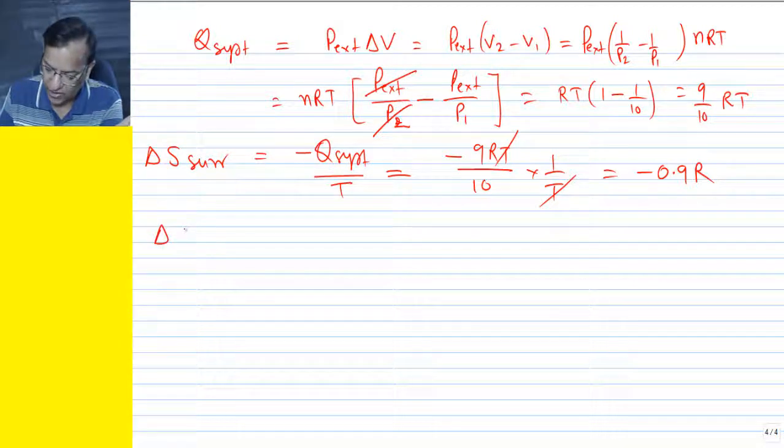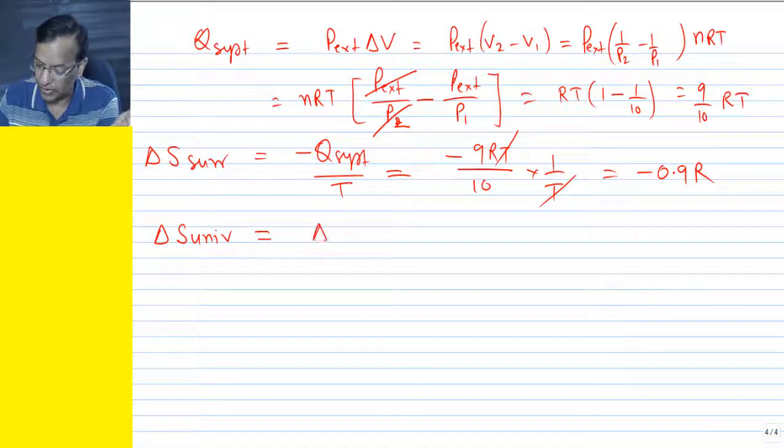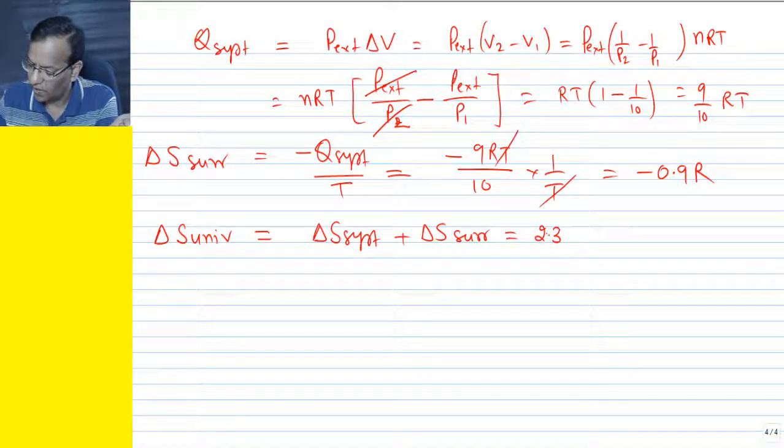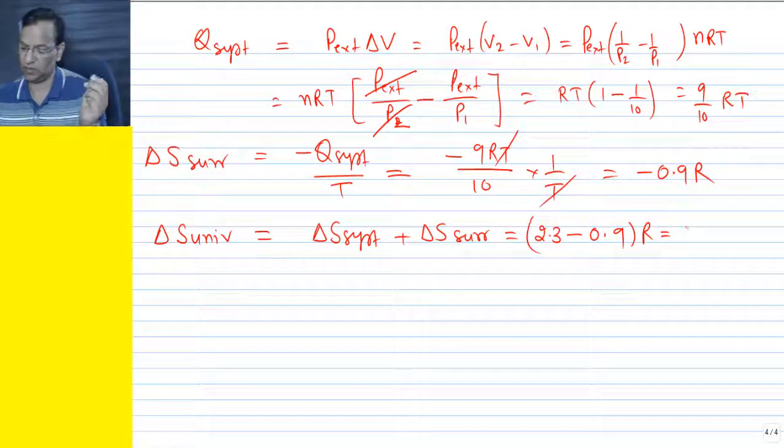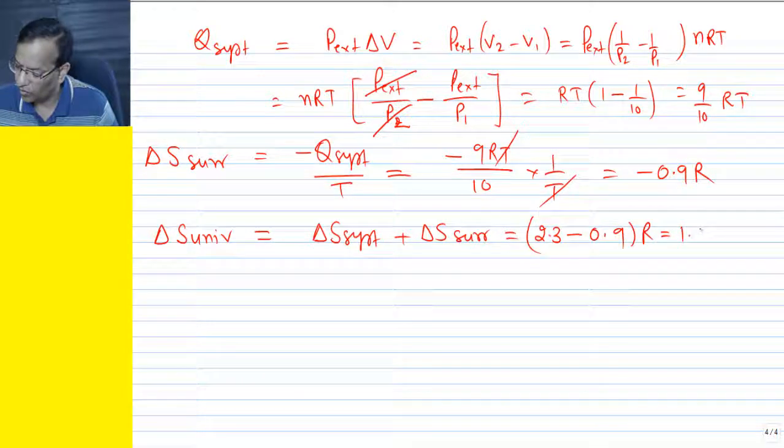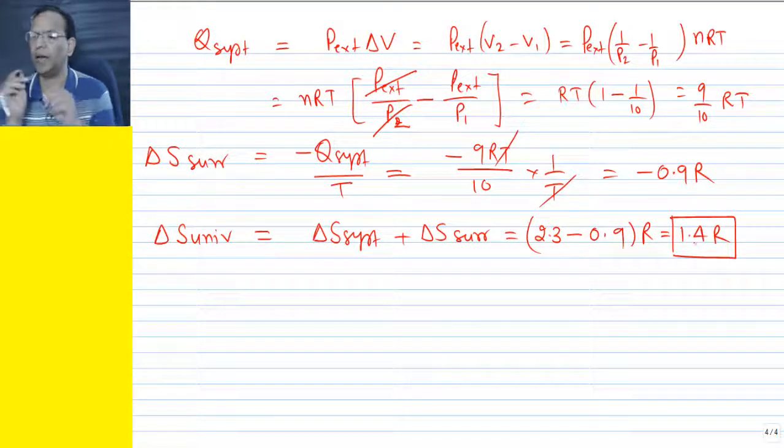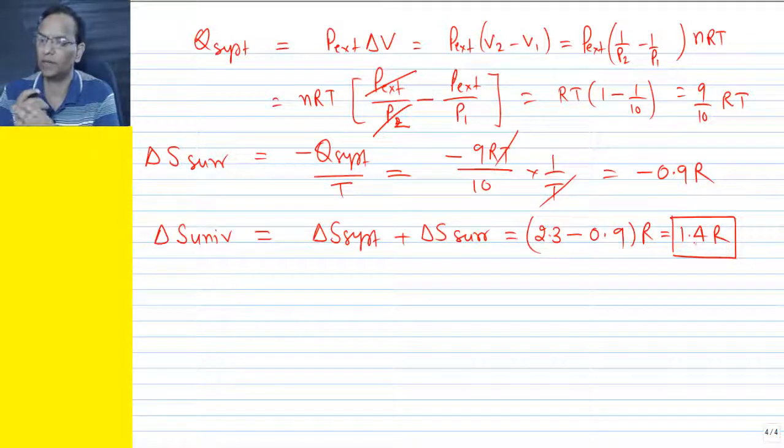So delta S universe will be equal to delta S system plus delta S surrounding, which is 2.3 minus 0.9 R. So it is 1.4 R. Now if we substitute the value of R, 8.314, we will be able to determine delta S of universe.